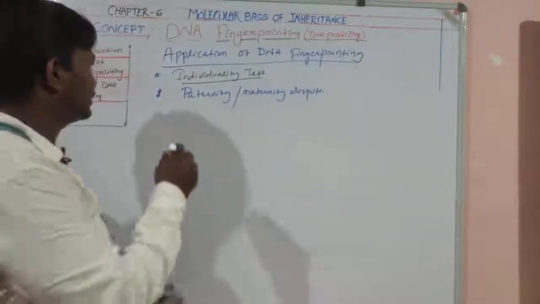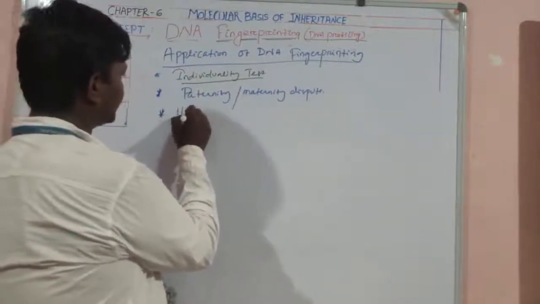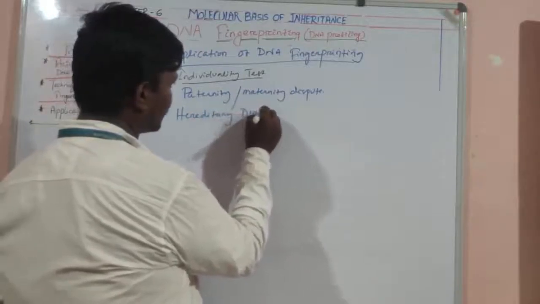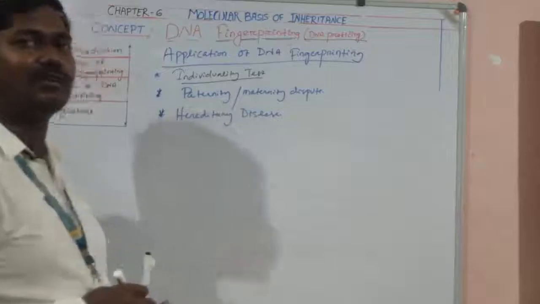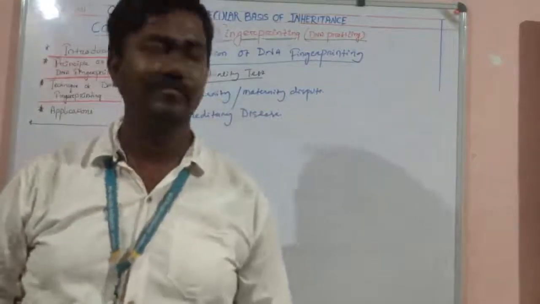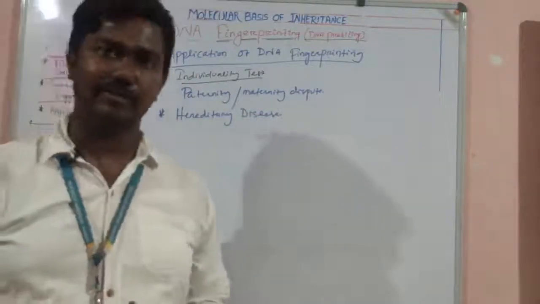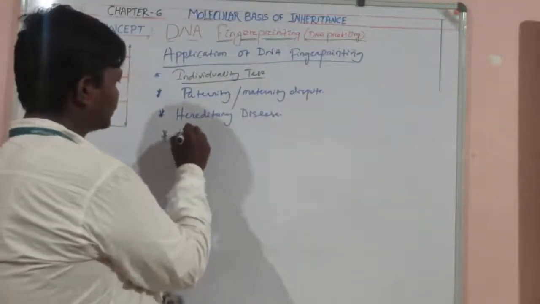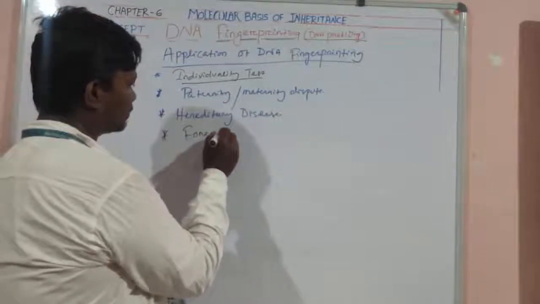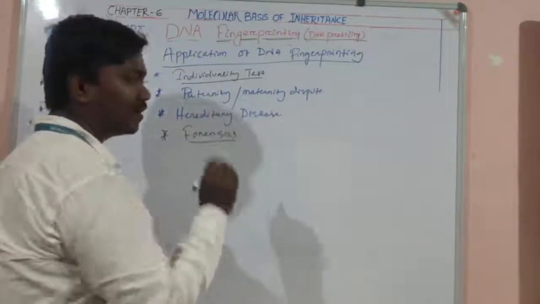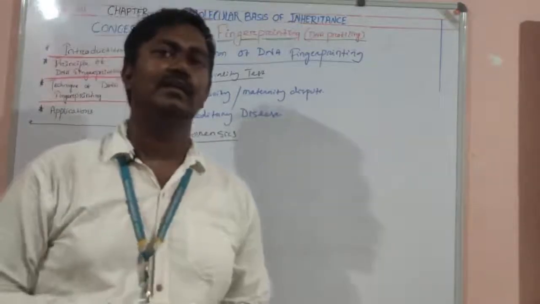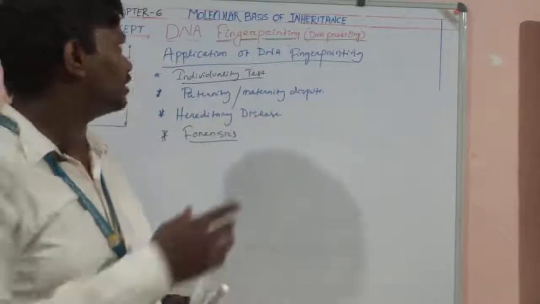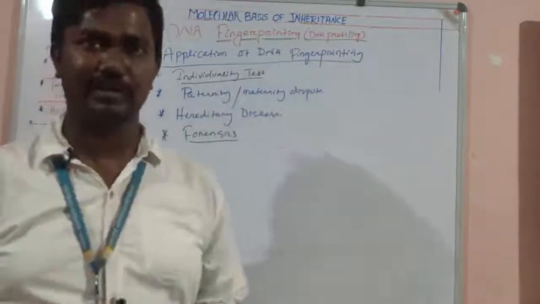Then hereditary disease: more than 1200 diseases are identified using DNA fingerprinting. Then forensics: detection of crime and legal pursuit are done using DNA fingerprinting.